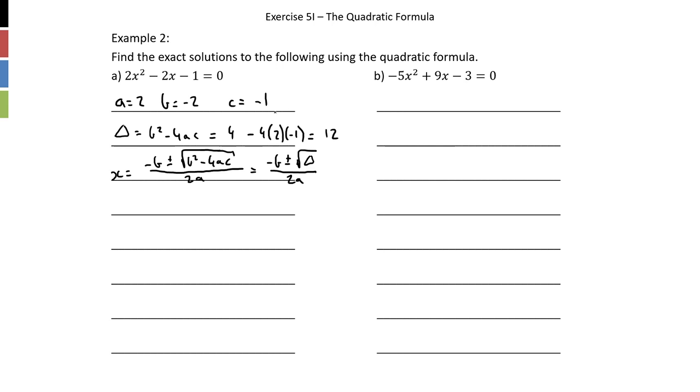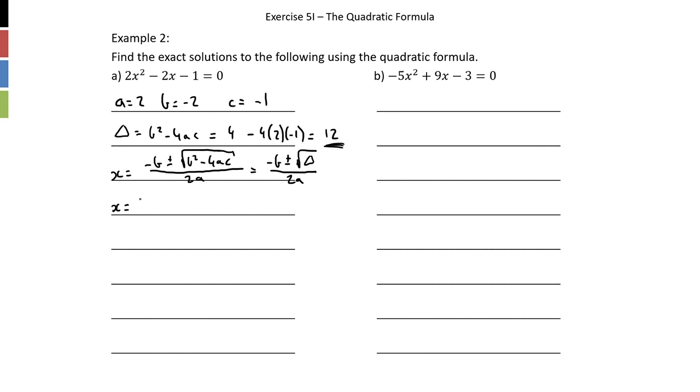By doing the discriminant first, you know if there are going to be solutions or not, because there's no point doing this whole big full quadratic formula and then getting a negative square root and going, oh, there's no solutions. It's much smarter to do your discriminant first, and if you get something less than 0, you can just say no solutions and you're done. You don't have to worry about anything else. But we did get a positive number, so we are going to have solutions.